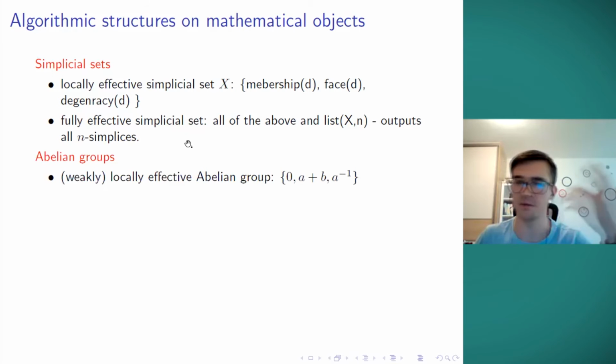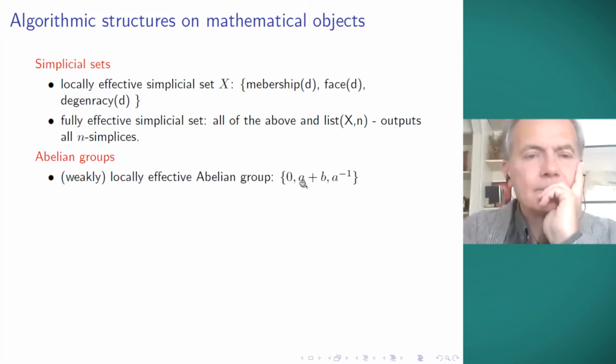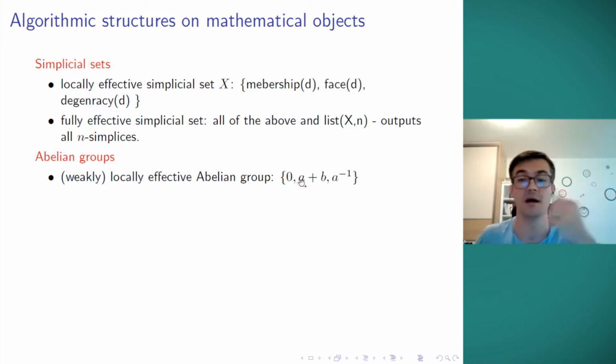Now, let's think about abelian groups, what it means to be a local abelian group. There's an algorithm which gives me the representative of the neutral element. And whenever something is representing elements A and B, I have an algorithm which outputs their sum, and I have an inverse. So that's very local.